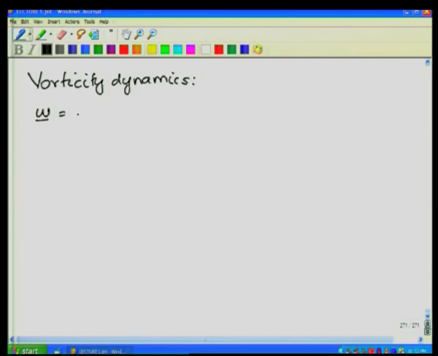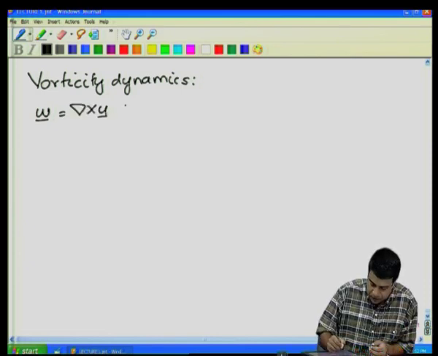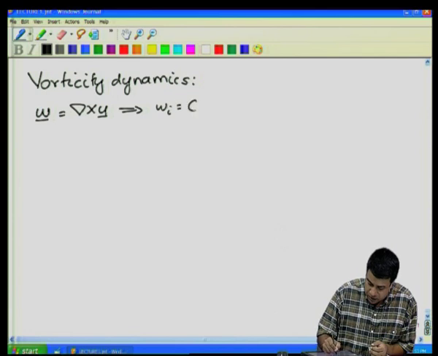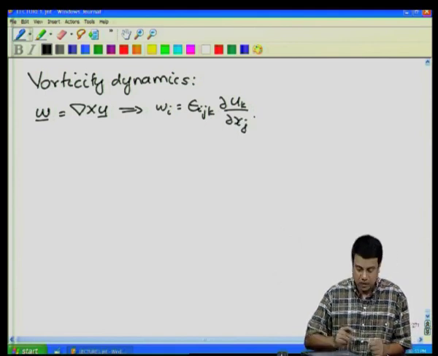The vorticity is defined as the curl of the velocity, or in our notation, omega_i is equal to epsilon_ijk partial u_k by partial x_j, del cross u.